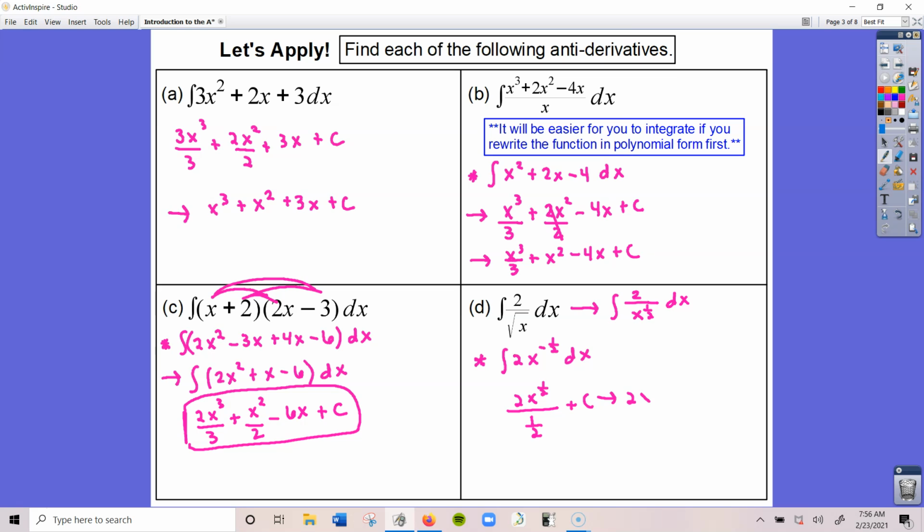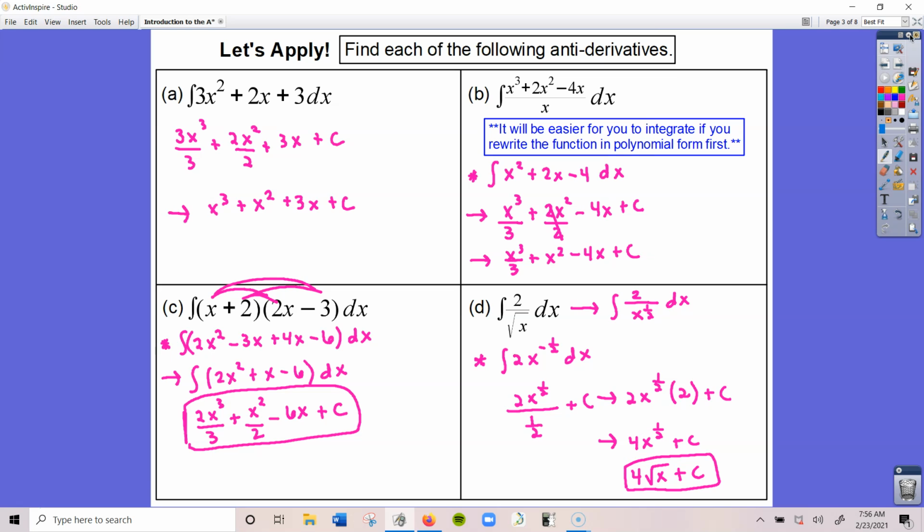So this is 2x to the 1/2 times the reciprocal of the fraction, which is 2, leaving me with a final answer of 4x to the 1/2 plus c. You can either leave it like this, or you can also write 4 square root x plus c. And that would be our final answer for this integration problem.